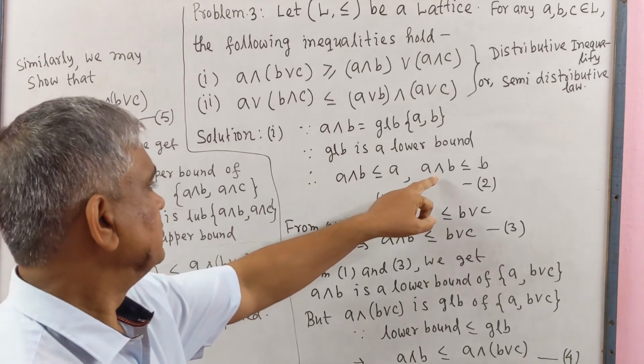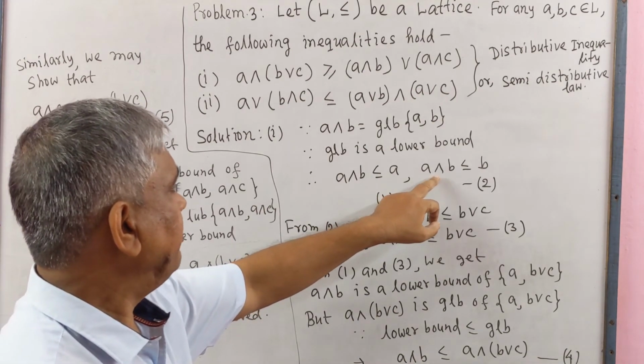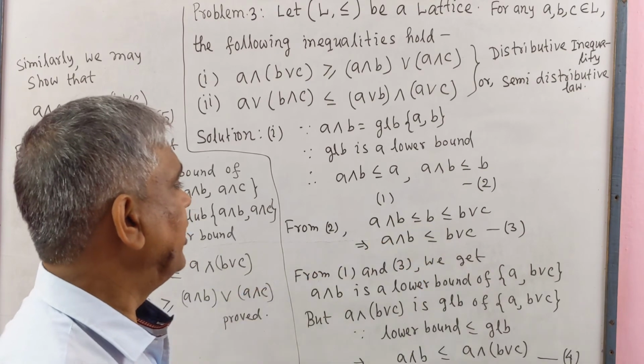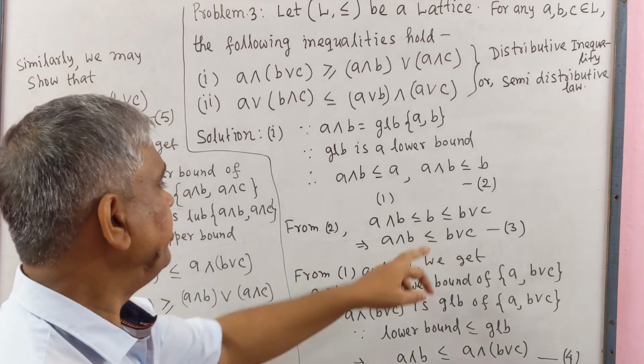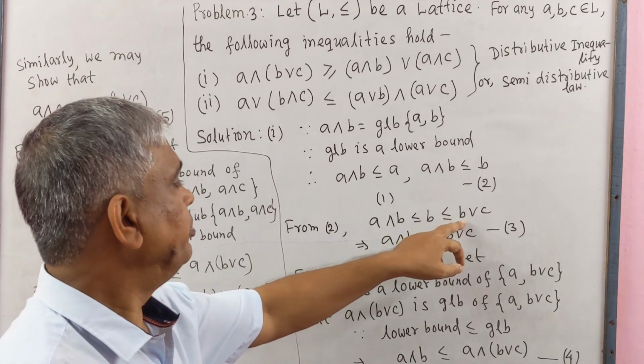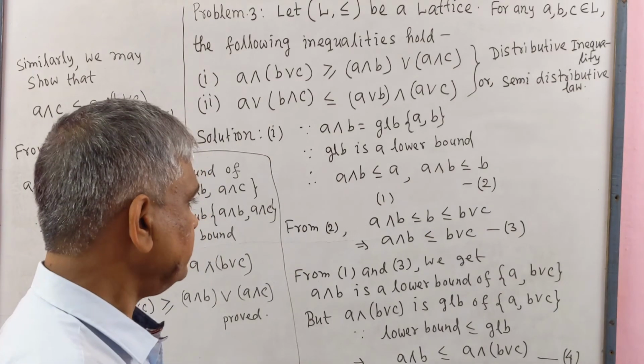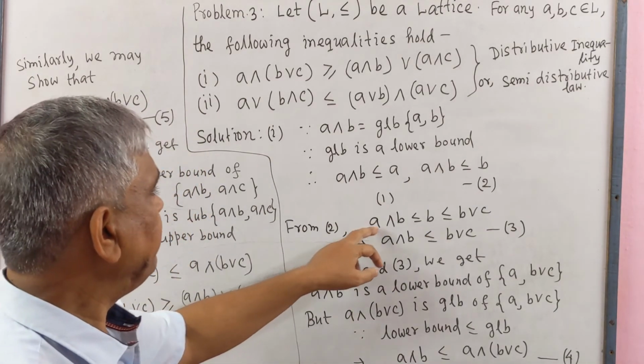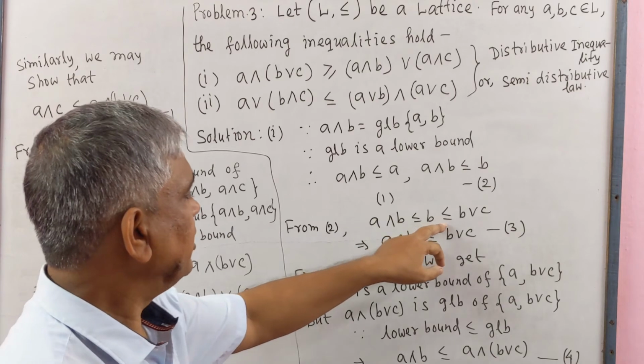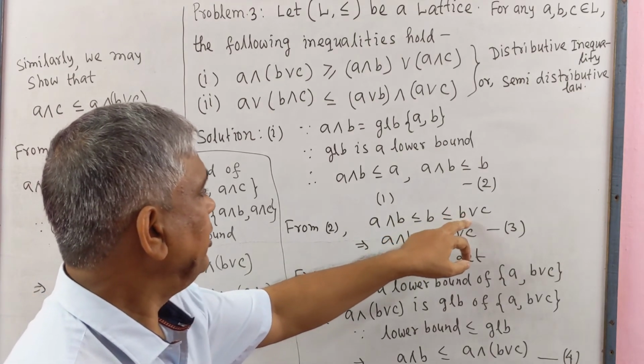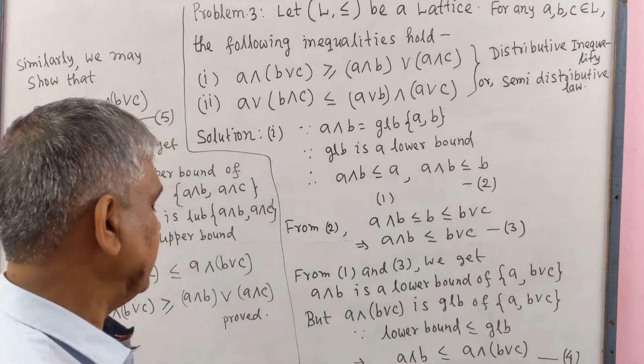From 2, we have A ∧ B ≤ B, and we know that B ≤ B ∨ C. Therefore, A ∧ B ≤ B ∨ C. This is number 3.